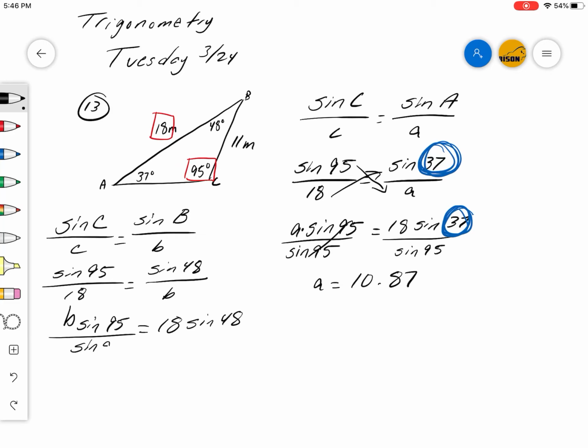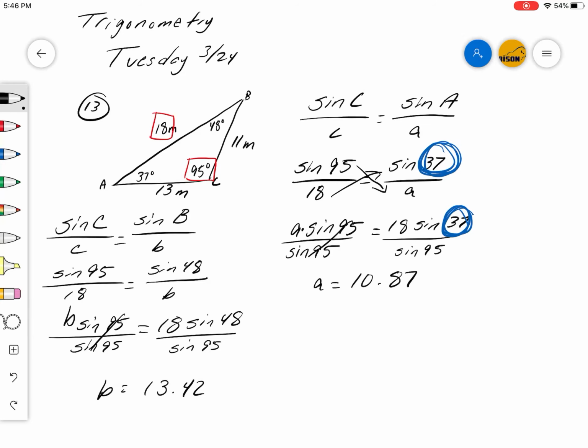And again, just got to get rid of sine of 95 here. So B is going to be equal to, let me calculate that, 18 sine of 48, and then I'm going to divide by sine of 95. So it gave me 13.42. I'll go ahead and round that down to 13 because I'm going to write 13.42, but when I put it up here in my picture, I'm going to go 13 meters.